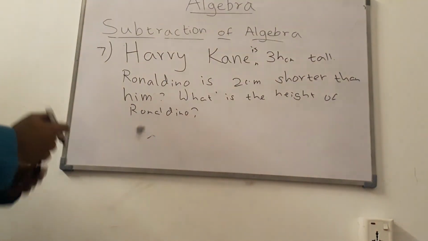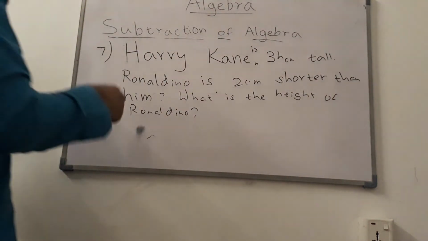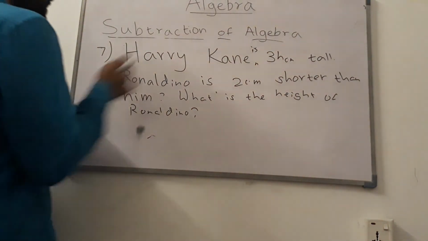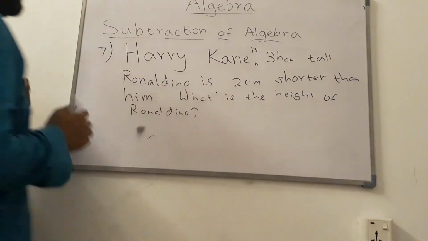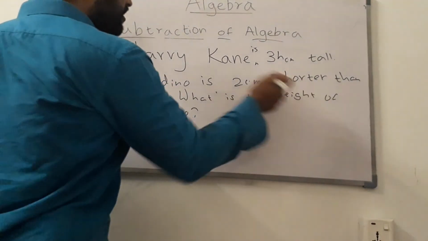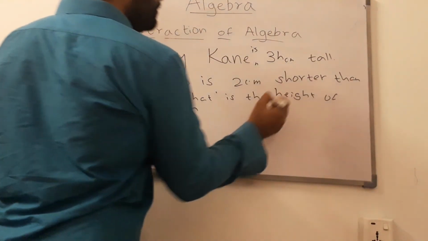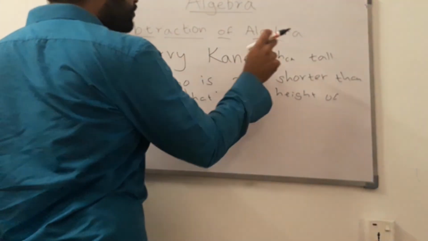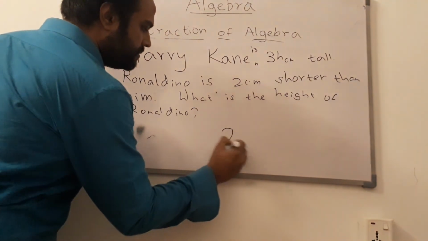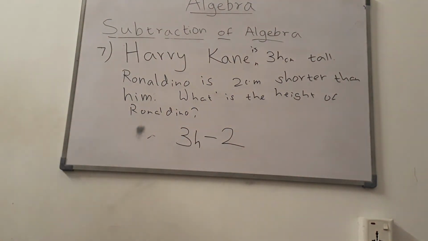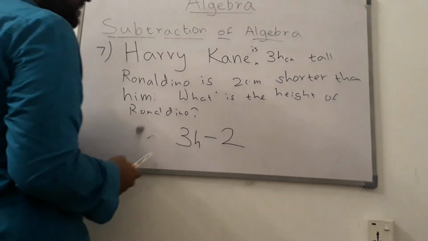Ronaldinho is 2 centimeters shorter than him. What is the height of Ronaldinho? So here what we have to do is subtract 2 from 3h. Other than that we can't continue.